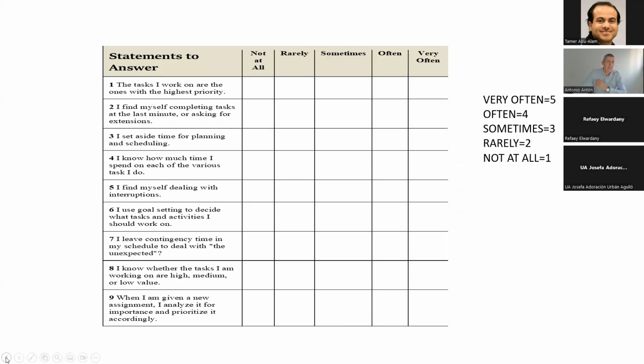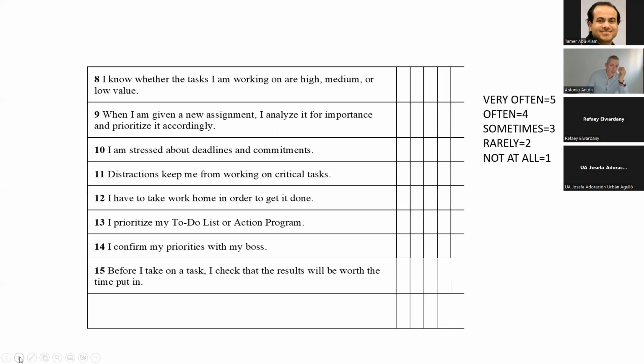So indeed, this is the test that was done in the first exercises. In the first exercises that you did, you started to make this test, and when you finished the test, you probably classified it in 5, 4, 3, 2, and 1. Okay. But people say, oh, Antonio, what is the solution?